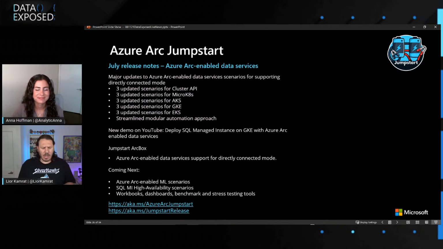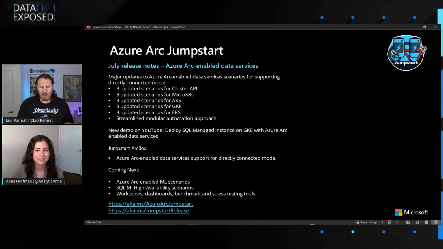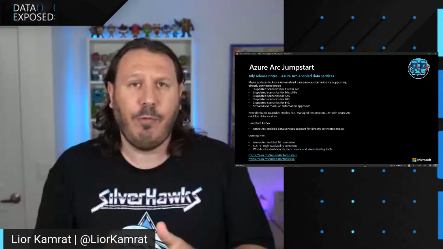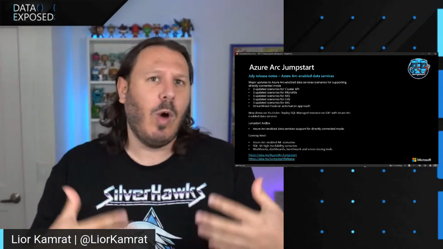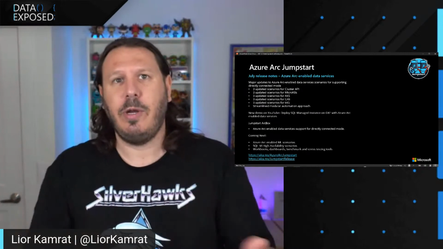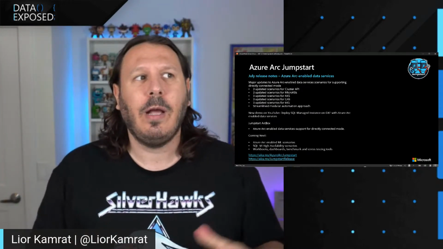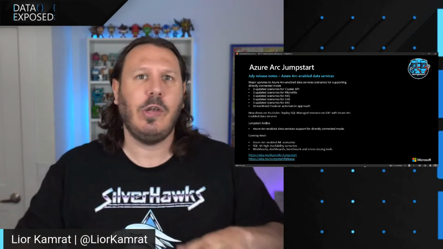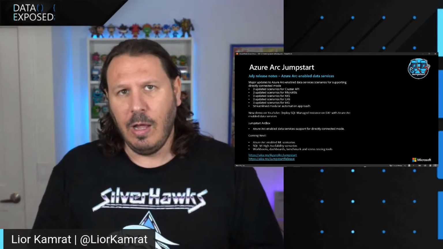So to get things going, I wanted to share that in the July release, and for those of you that are not following the project, we're moving in 1 month iterations, right? So these are our sprints, and every sprint we are coming up with a set of scenarios and optimizations and whatnot for the projects.